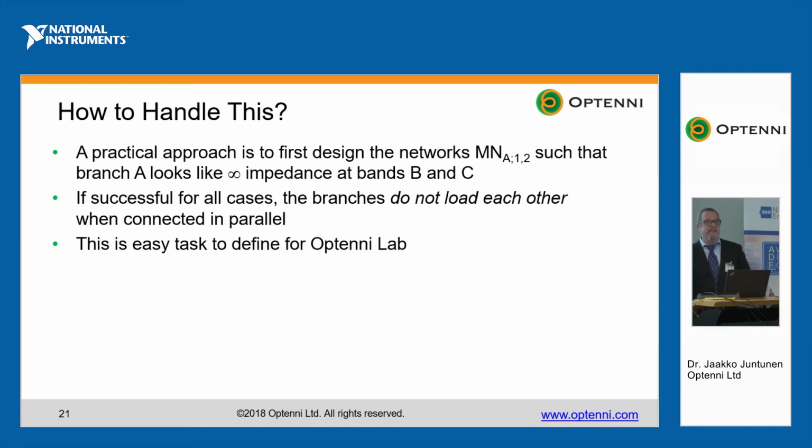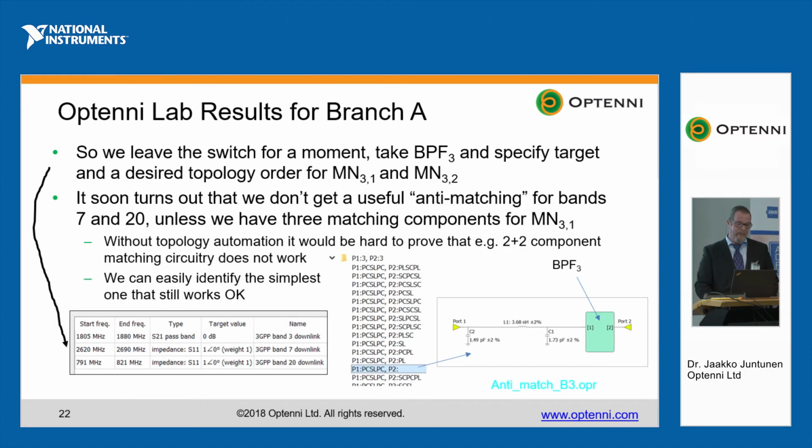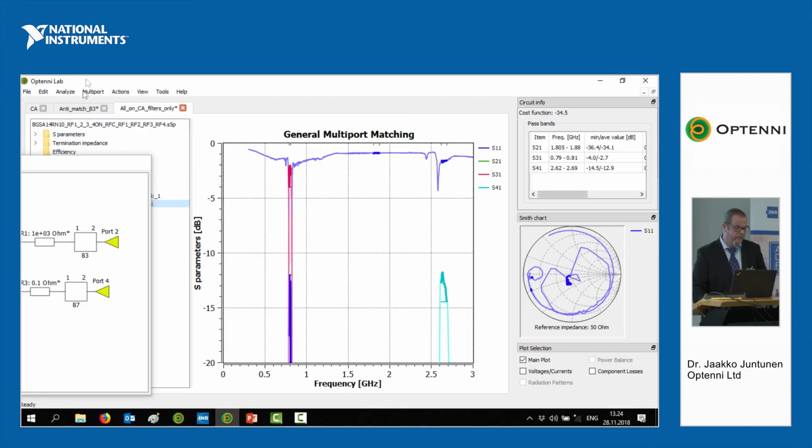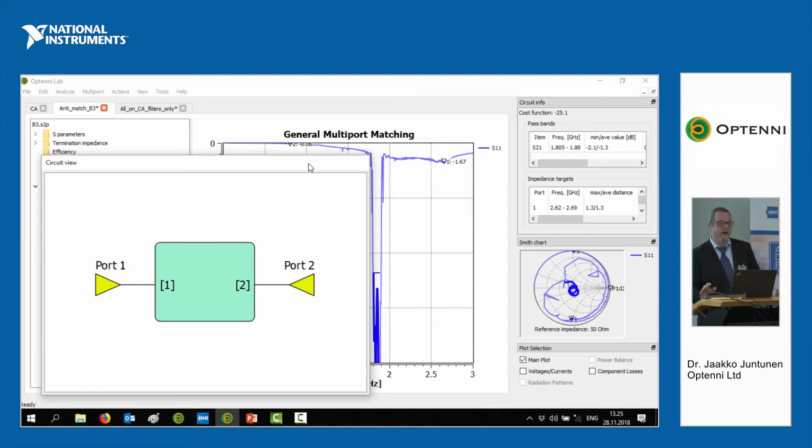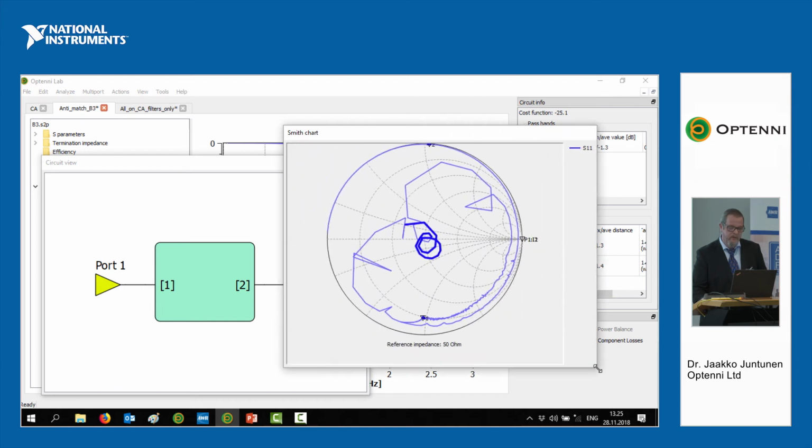And this definition fits very well the way Optenni Lab works. This is why this is a fair application for Optenni Lab. Maybe I'll show a second demonstration, where I have only the band 3 filter model. I have put markers on the co-carrier frequencies. This is band 7, and this is band 20.